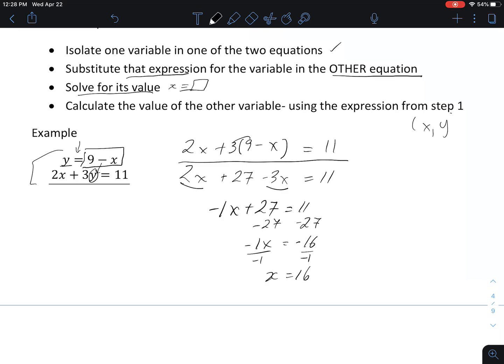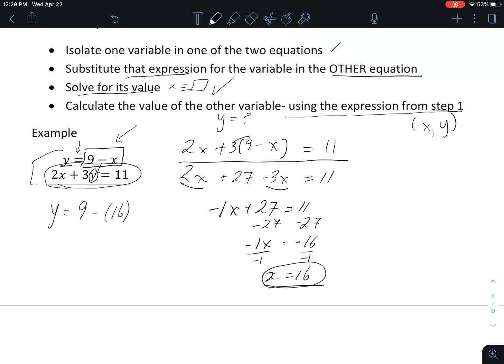But we're not done. Remember that in a system, the solution is the coordinates x and y. At this point, I only have half of that solution. So now I'm done this step. The fourth and final step: calculate the value of the other variable, in this case y. What does y equal? Using the expression from step 1. I can use either equation to solve for y, but it's easier to use this one because y is already isolated.